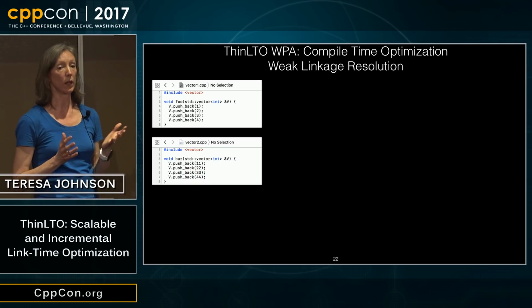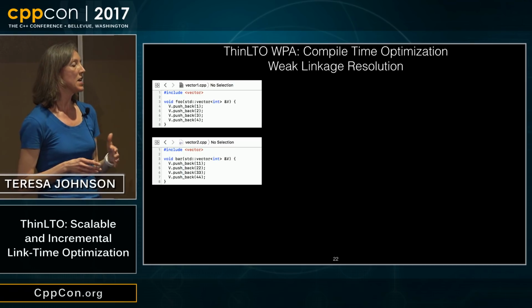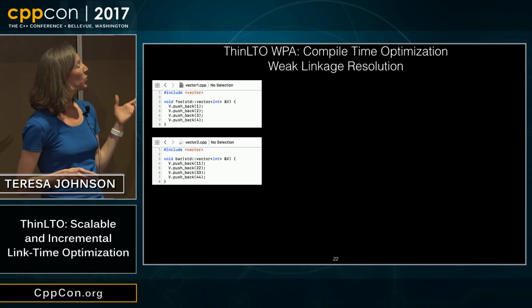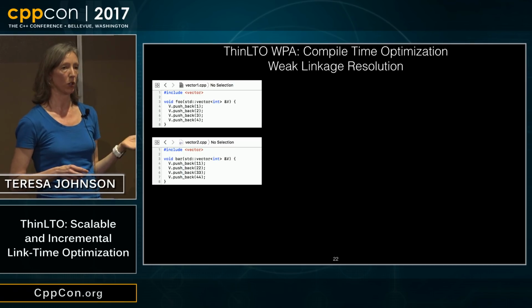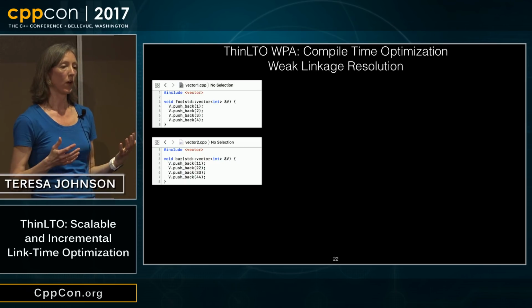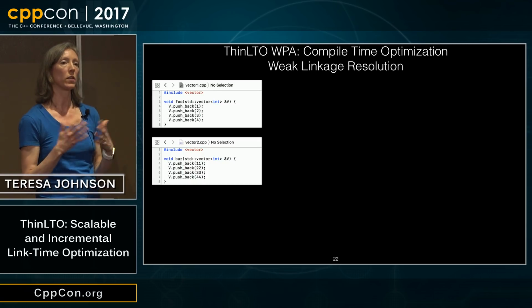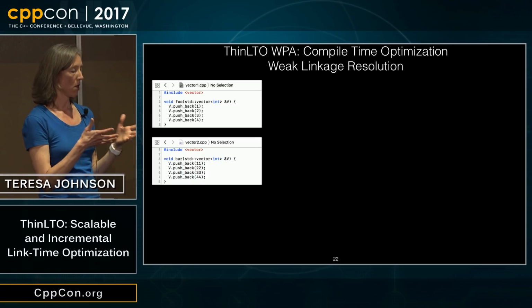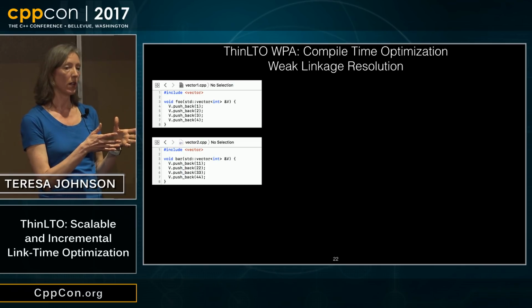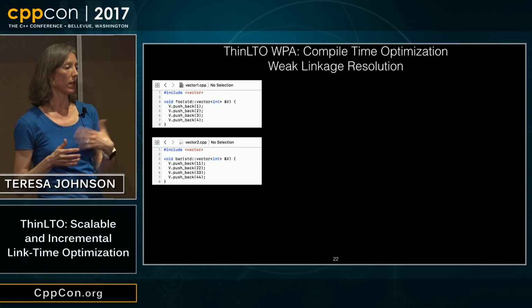And this is what we call weak linkage resolution. In this case, I have two source files, and they're both calling vector pushback on an integer, which is a templated function. And template functions have what we call vague linkage. Essentially they don't live in any one particular place. So you have to instantiate the template function in any translation unit that calls it.